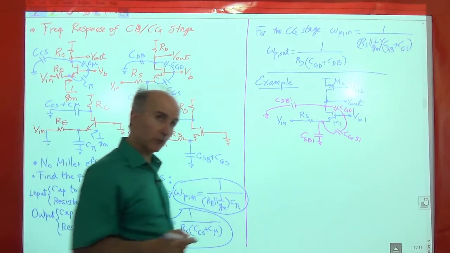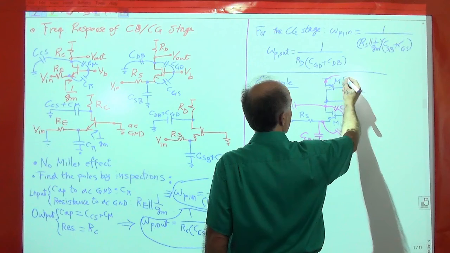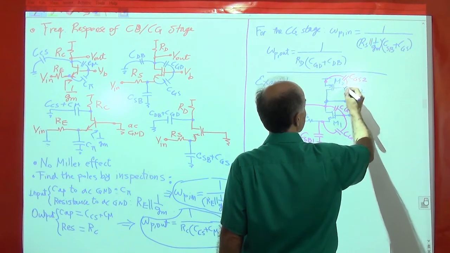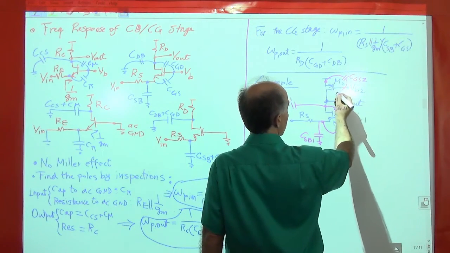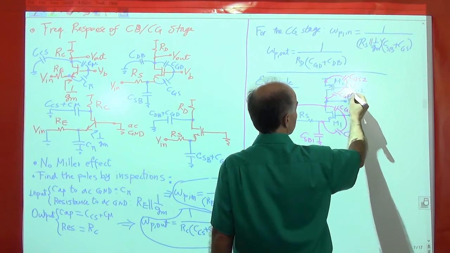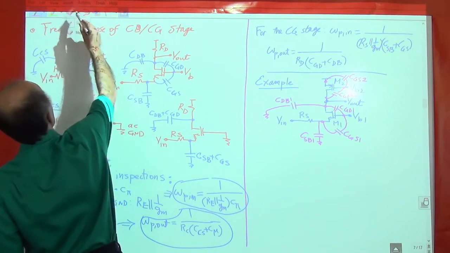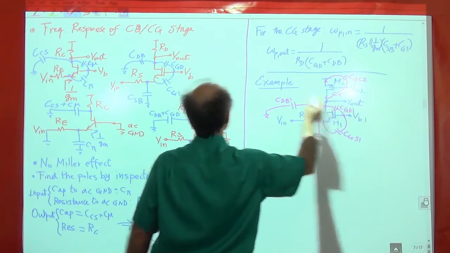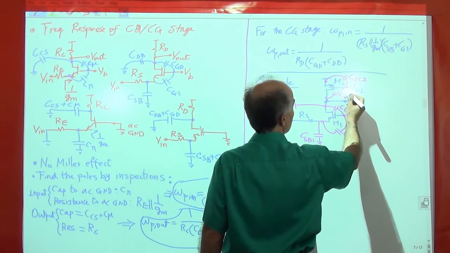We do the same thing for M2. So M2 has a CGS. So CGS is from here to here, CGS2. Then it has CGD. So that's from here to here, CGD2. This got a little messed up. Let me clean it up here. So this is CGD2.